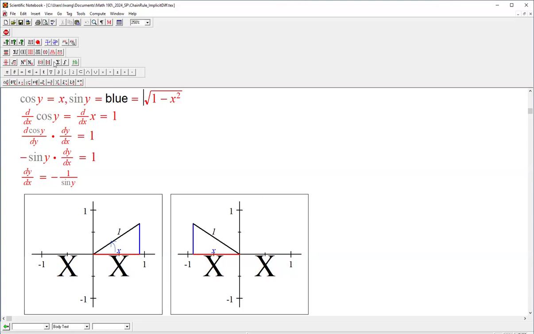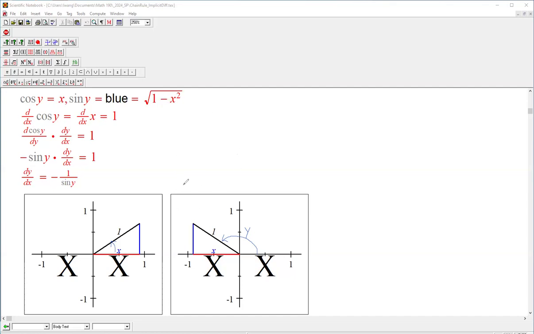Now, what if it terminates in the second quadrant? If it terminates in the second quadrant, this will be the y, and the x is negative. But regardless, the blue is still above the x-axis. The blue is still positive. So the blue is still the square root of 1 minus x squared.